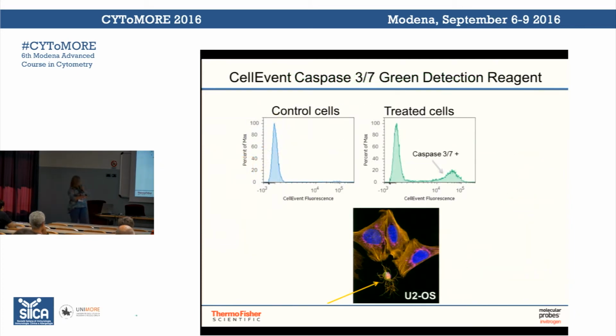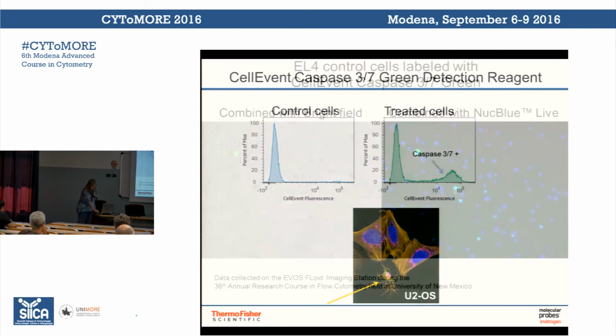You can look at this image and know that these cells, by morphology, are looking pretty good, and this little guy here is definitely suffering, and that's where the green fluorescence is. Of course, with flow cytometry you get a nice positive region there.